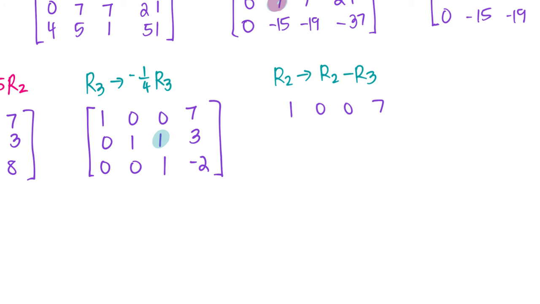Okay, remember we're subtracting. 0 minus 0 is still 0. 1 minus 0 is still 1. 1 minus 1 gives us 0. And 3 minus negative 2, be careful here. 3 minus negative 2, that's positive 5. And bottom row stays the same.